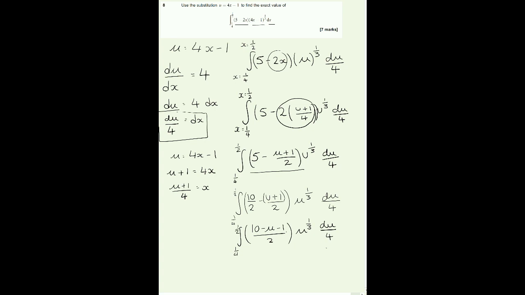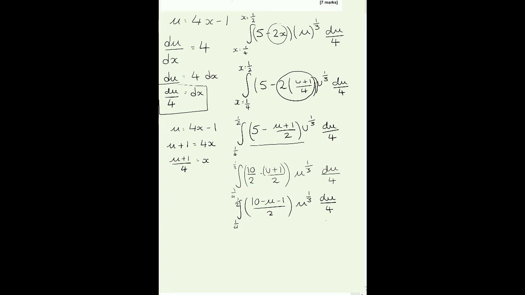At this stage, I'm going to tidy up my bracket. I'm just going to scroll down and give myself a bit more room. So I'm integrating 10 minus 1, which is 9, minus u divided by 2. That is being times by u to the third, and that is being times by du over 4.